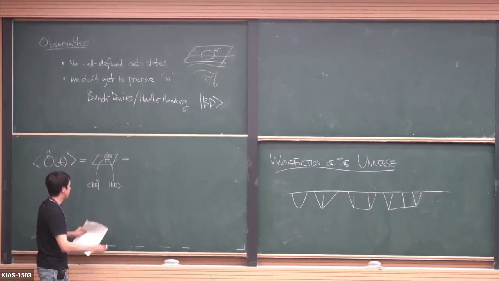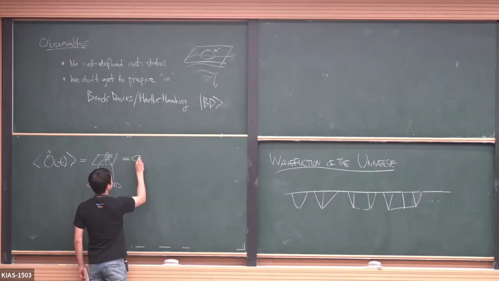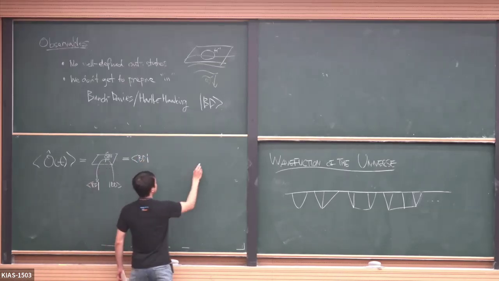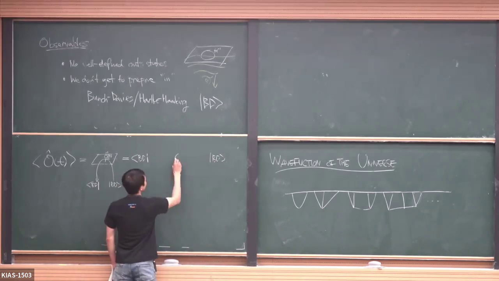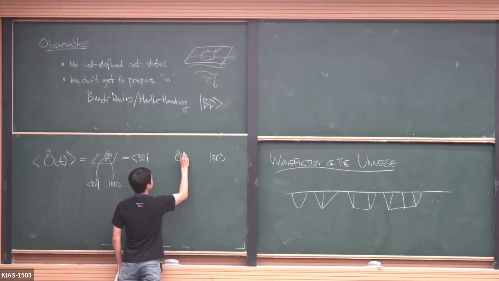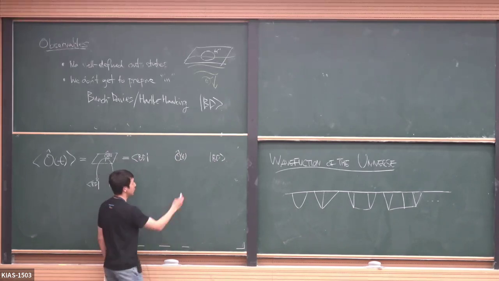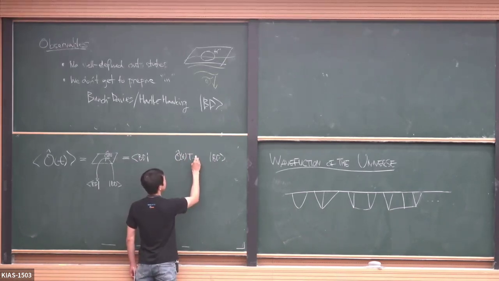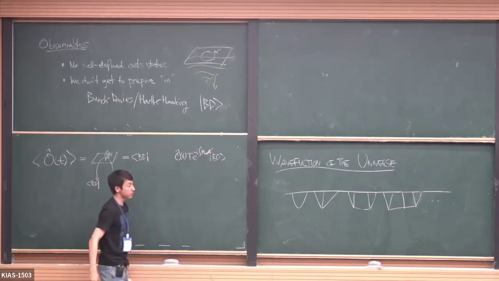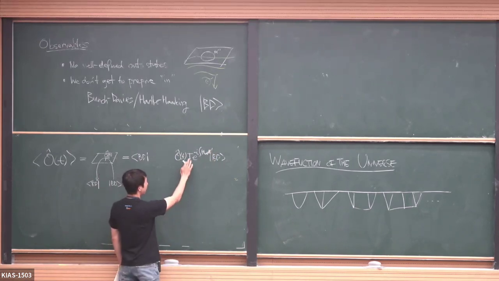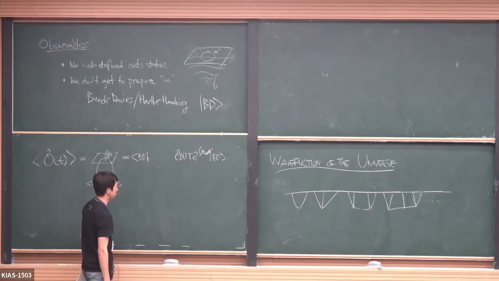So if we write this out, then what we are computing is some sandwich between the initial Bunch-Davies state with some operator O at time t and some time evolution operator. And then we time evolve using this interaction Hamiltonian, with the time ordering operator here.